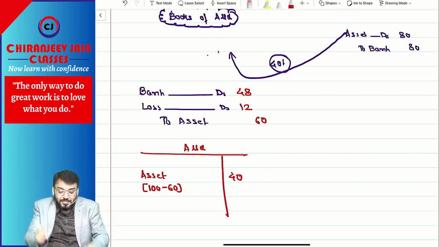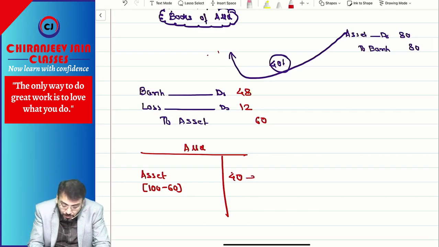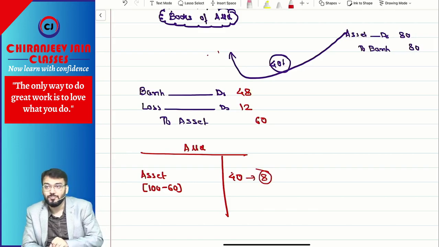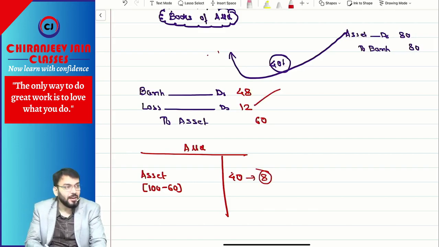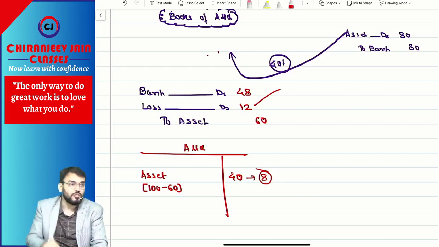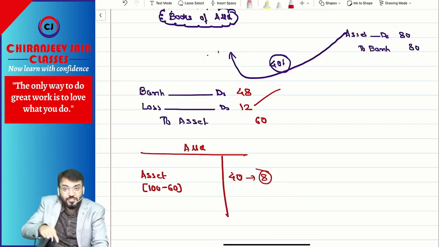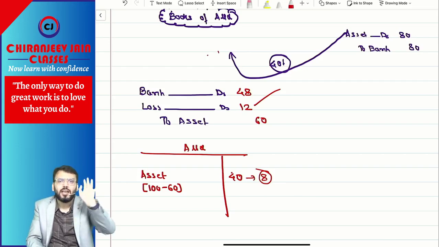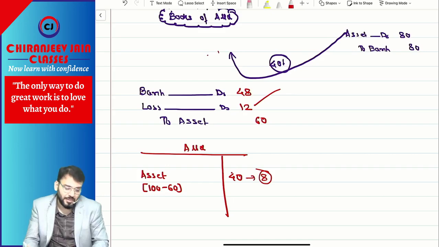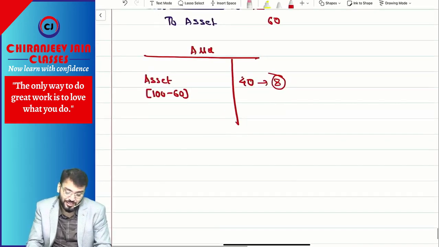Then we should recognize the loss to the extent of 8 rupees also. Means 12 we recognized, na. How much not recognized? 8. So we should recognize that loss also. So whenever there is evidence of impairment, then recognize the entire share of loss. Understood? Correct. Because they have given some question based on this, therefore I am teaching.